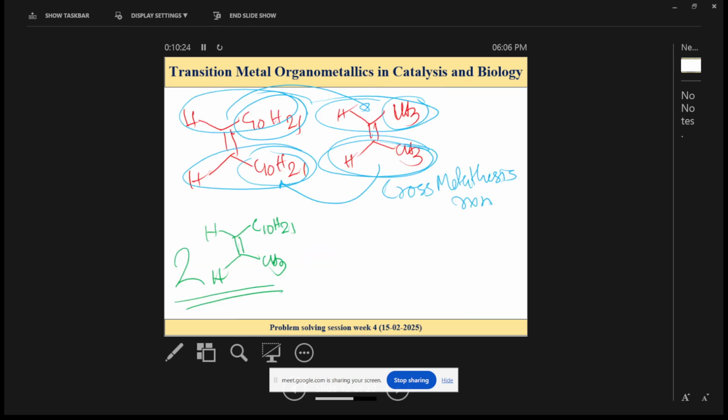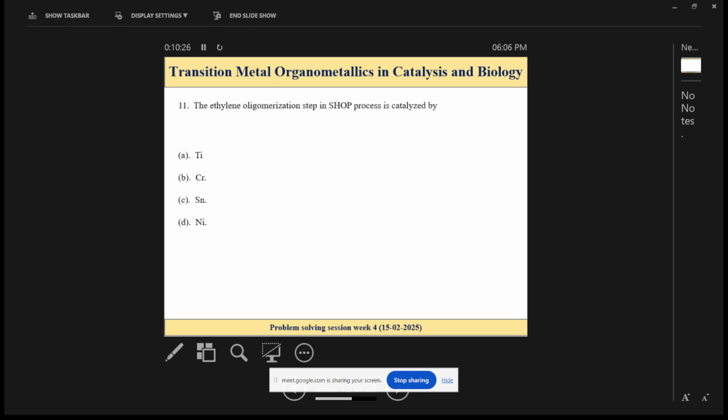Now I think we have the last question for today's series. The ethylene oligomerization step in the SHOP process is catalyzed by.